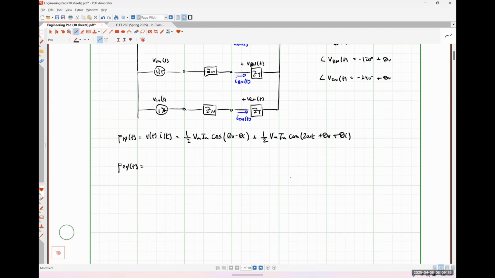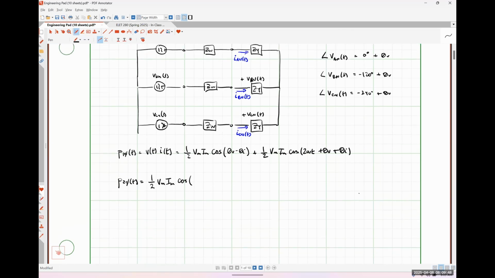So on my A phase, this is going to look like 1/2 Vm Im cosine. So I'm going to have theta v plus 0 degrees minus theta I plus 0 degrees. So that's still going to look like theta v minus theta I. And then I'll have plus 1/2 Vm Im cosine twice omega t.